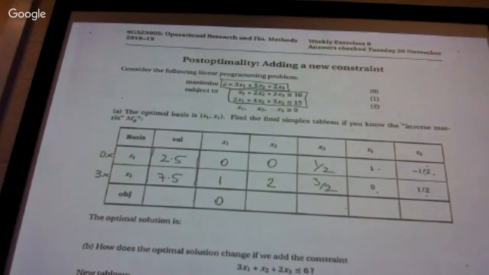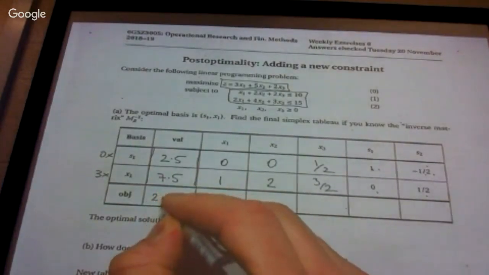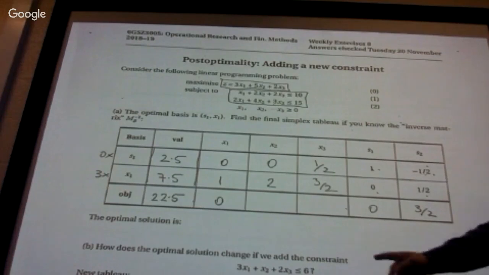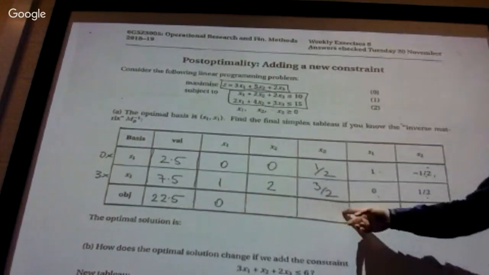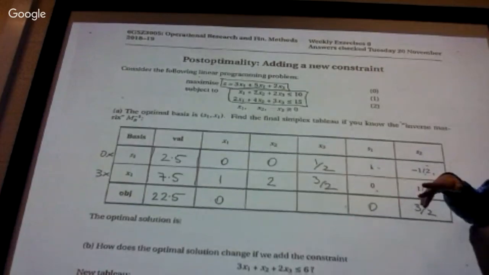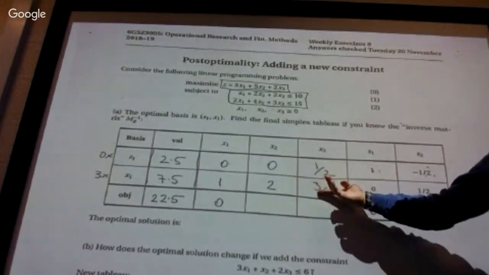It definitely works here, so 3 times 7.5 is 22.5. But the way it doesn't quite work is the decision variable columns, because there you do take 3 times this row, but you have to subtract the original 3, 5, and 2.